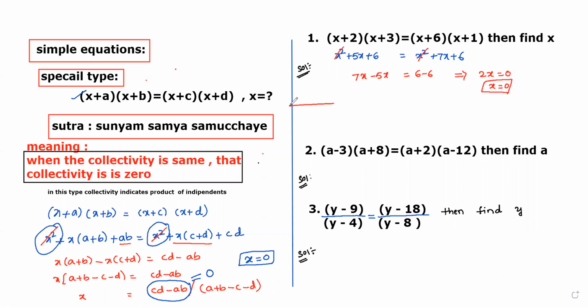But instead of this, we can just check the collectivity. The collectivity means the product of constant terms, that is, independent terms in the left and right side. If both are equal, then we can directly apply the Sunyam Samya Samuchaya Sutra. So look at this question: (x + 2) into (x + 3) equal to (x + 6) and (x + 1).